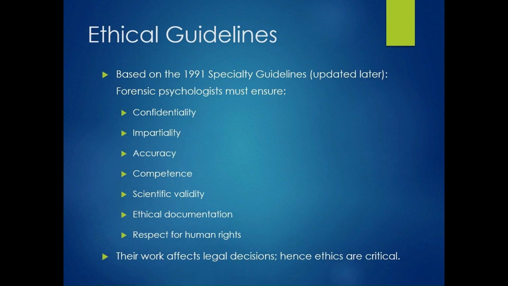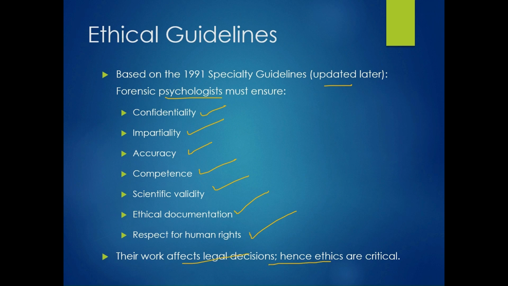Finally, we have the ethical guidelines. So, based on the 1991 specialty guidelines, which was updated later, forensic psychologists must ensure confidentiality, impartiality, accuracy, competence, scientific validity, ethical documentation, and respect for human rights. So, their work affects legal decisions.